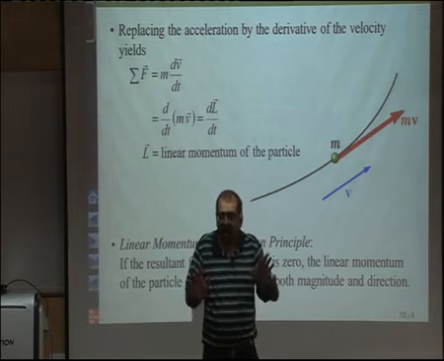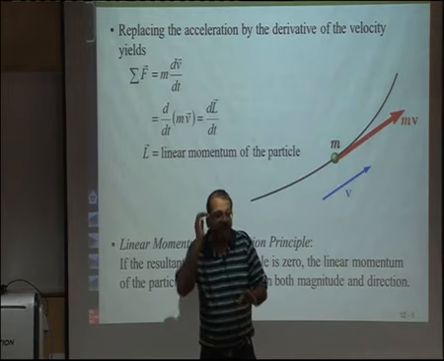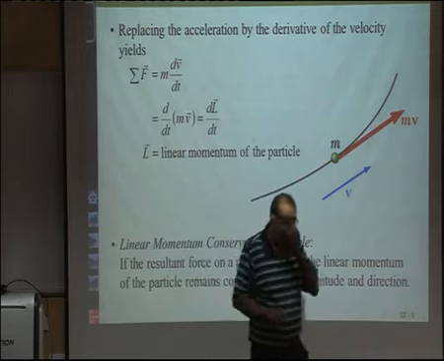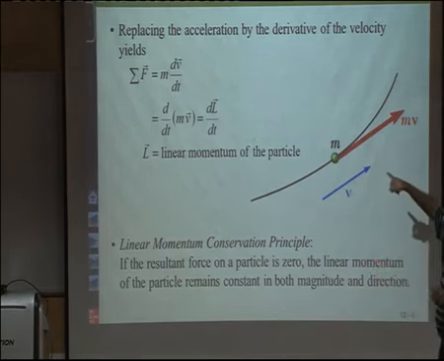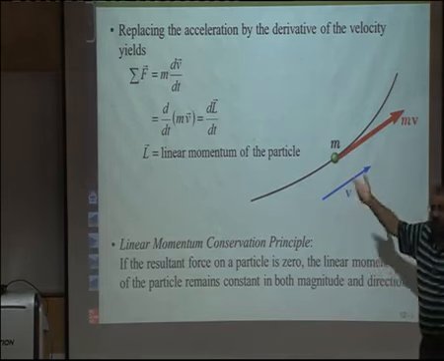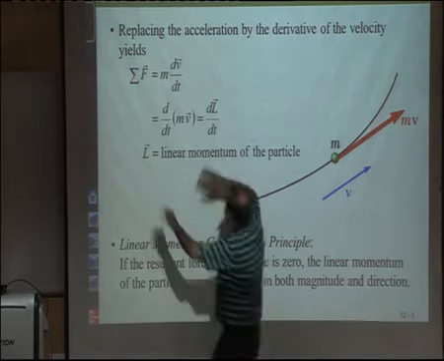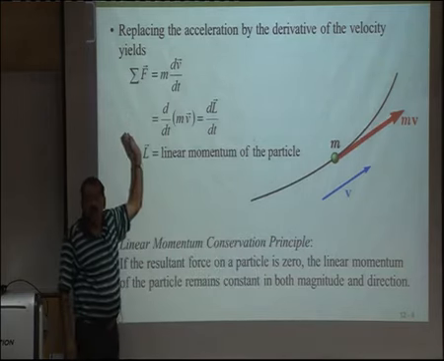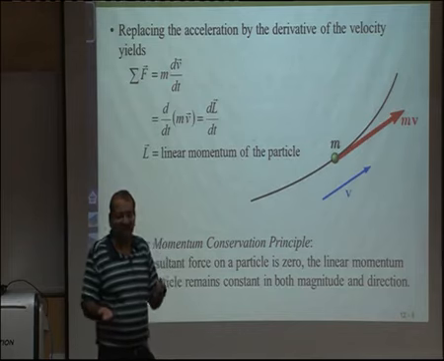Only when the sum of external forces is equal to 0 will the change in momentum be 0. Conservation laws are treated as sacrosanct, but there is a condition. If the sum of forces is not equal to 0, you cannot use conservation of linear momentum. Conservation will come only when this left hand side is 0. Then dL by dt is 0, and therefore L will be constant.